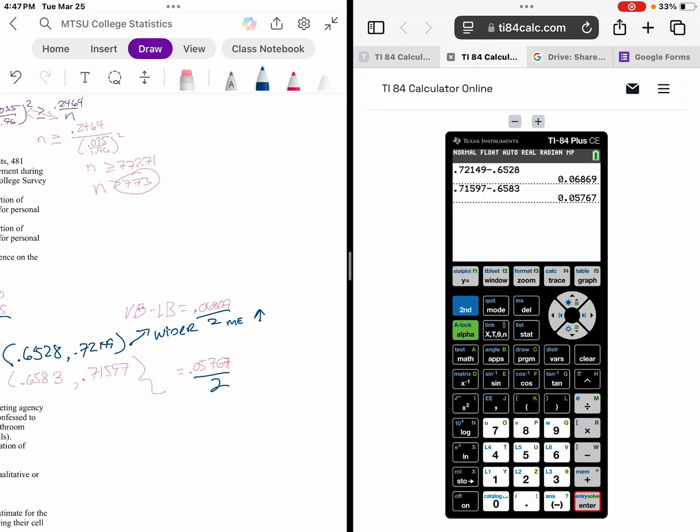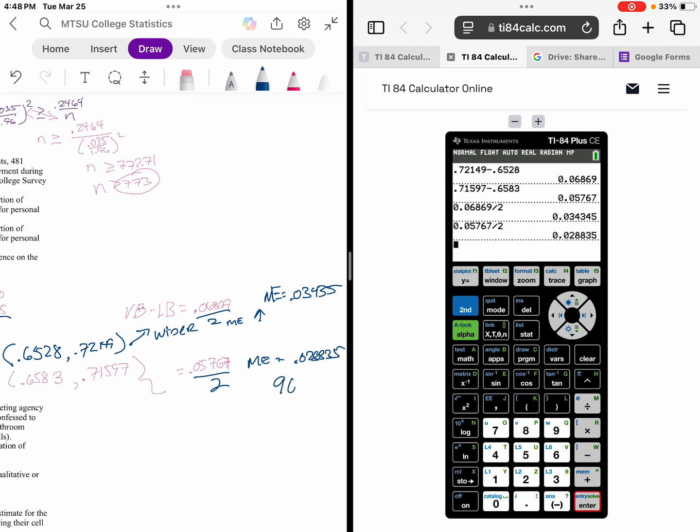So if I divide both of those answers by 2, the first one gives me the margin of error for the 95% confidence interval, 0.03435, and the second one, divided by 2, gives me 0.028835.